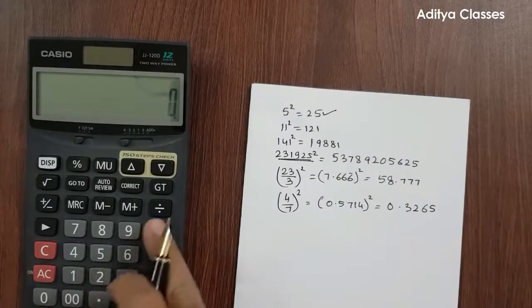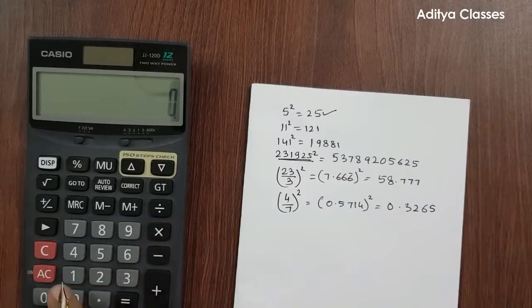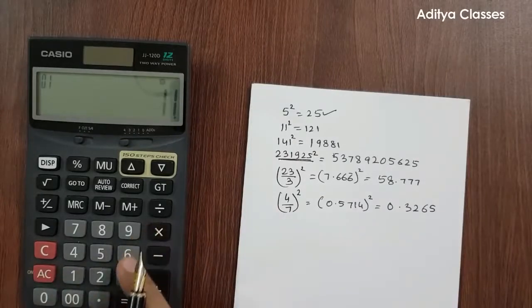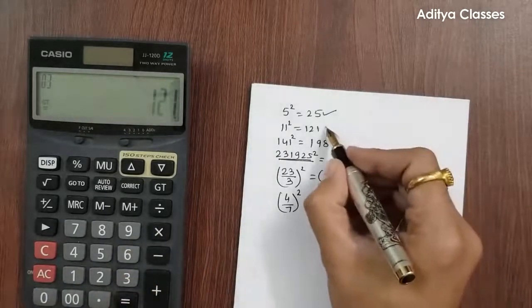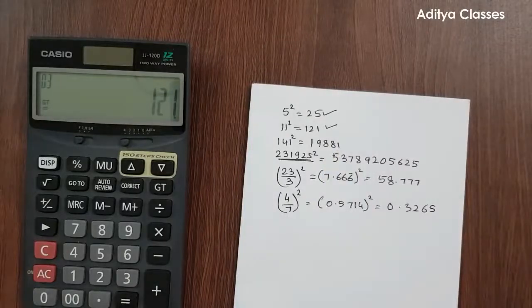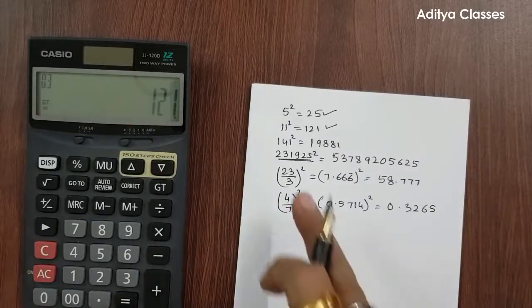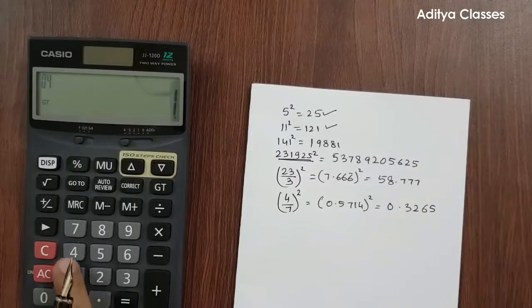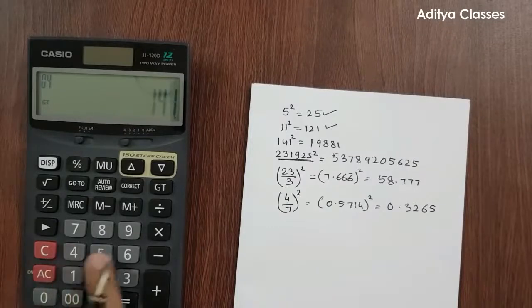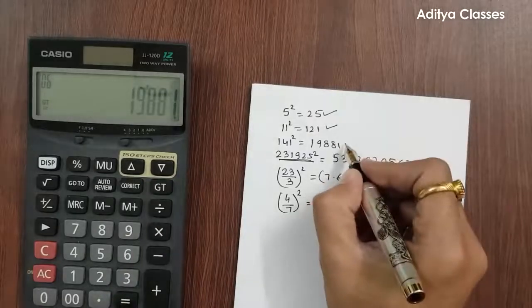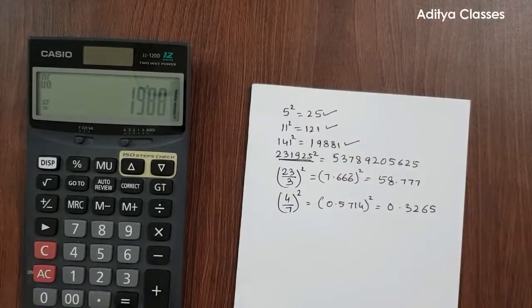Write the number, multiply, is equal to. Let's try 11. 11 multiply is equal to, we get 121. Next, let us try this one. 141 multiply is equal to, we get 19881.